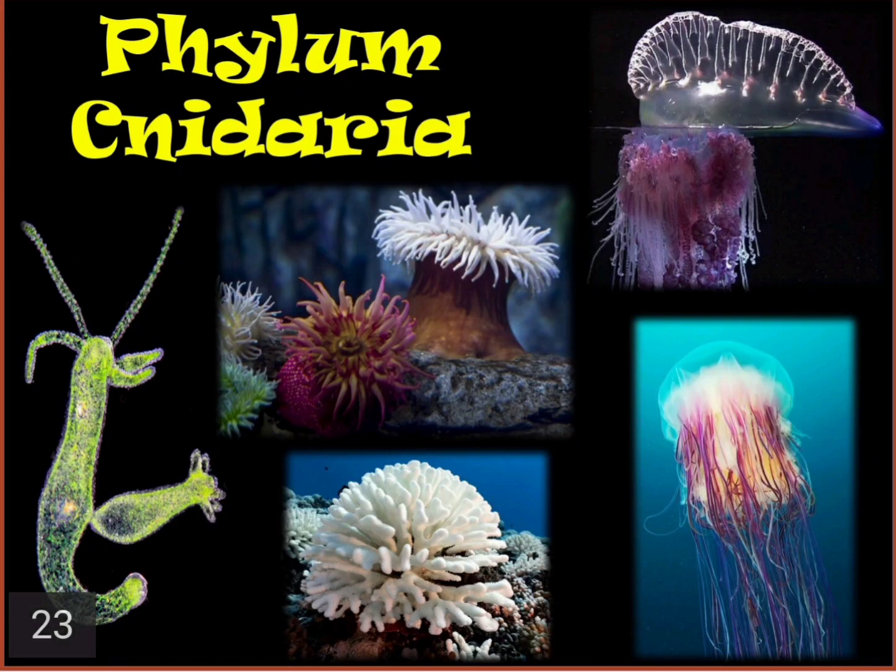Now, most of the animals in this particular phylum are marine, that is, they are present in salty water. Only a very few of them live in fresh water. The body of these animals is radially symmetrical, or it can be, and they are diploblastic.